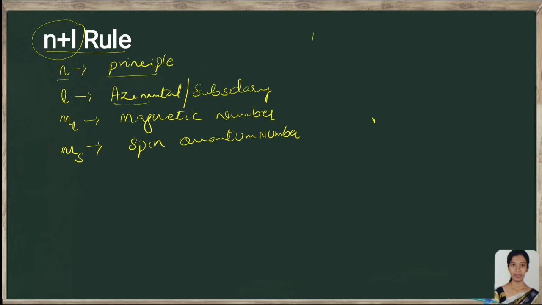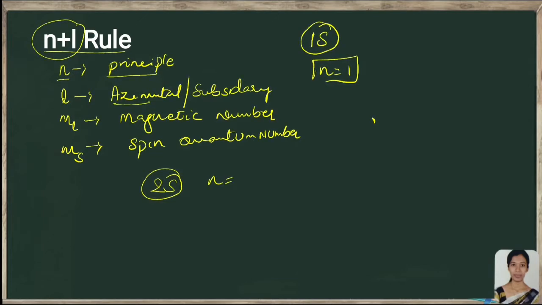n indicates the orbit number. If you consider the 1s orbital, n will be equal to 1. If you consider the 2s orbital, n will be equal to 2. If you consider the 4d orbital, n will be equal to 4.